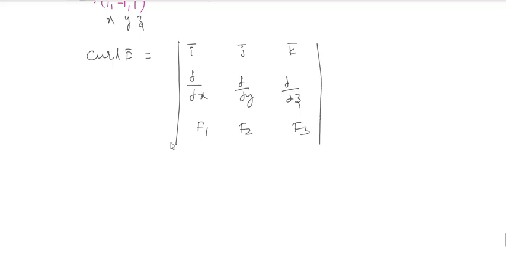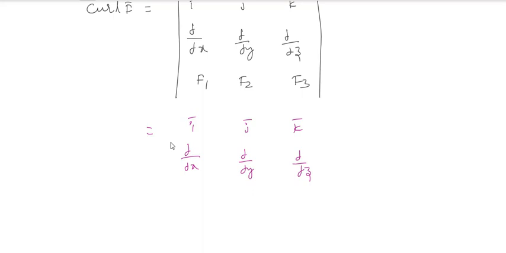So now substitute the values. What are f1, f2, f3? f1 is xy square, f2 is 2x square yz, and f3 is minus 3yz square.